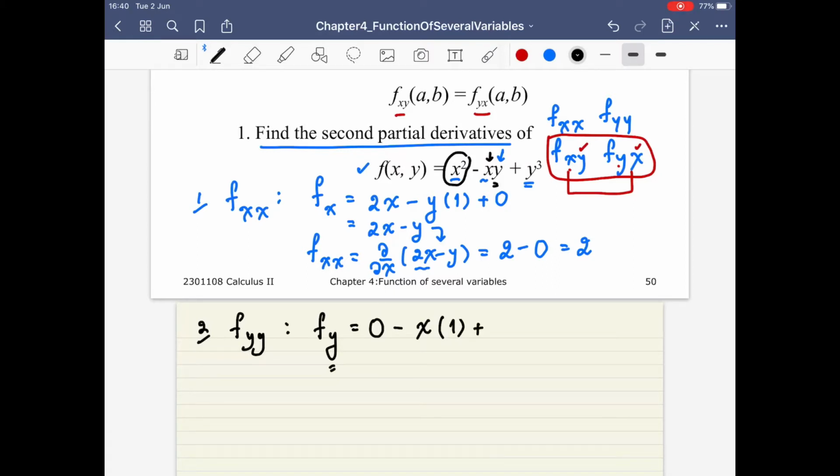And the last one, the derivative of y cubed, you got 3y squared. So you got 3y squared minus x. Okay, this is your f sub y.